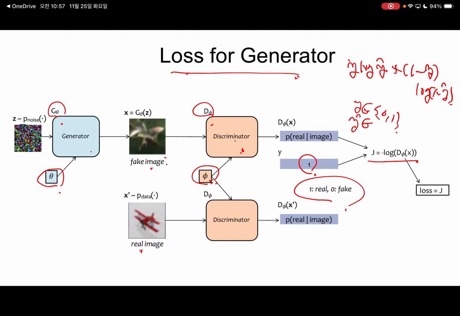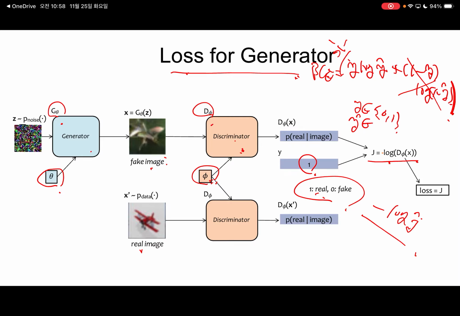Both are binary. We want the output of the generator to be classified in class 1, so y is 1, and from binary cross entropy we can derive that this term disappears, and we only have minus log y hat, right?